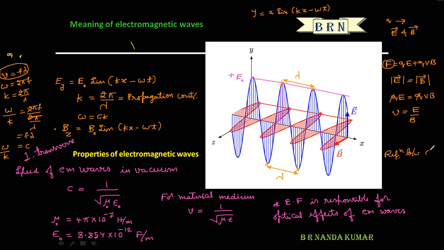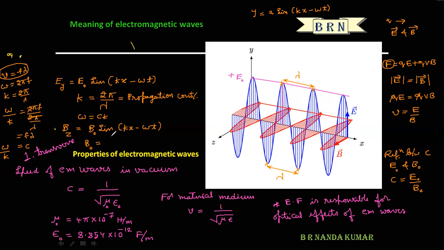So the relation connecting the speed of the electromagnetic wave with the amplitude of the electric field and the amplitude of the magnetic field is c equal to E naught divided by B naught. What is the value of B naught in terms of E naught and c?